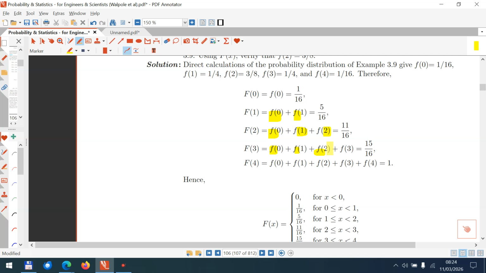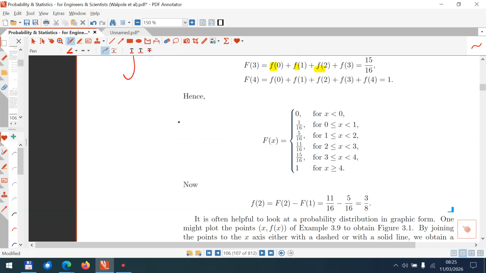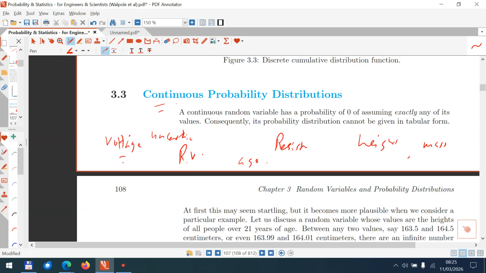We should integrate. Summations will be replaced with integration. Because when you have a density, you don't add densities. You integrate density to get mass. You integrate probability density to get probability. So everything changes.